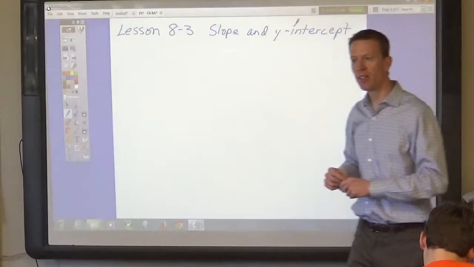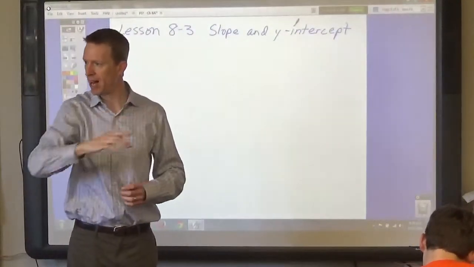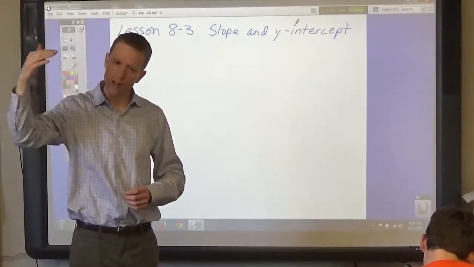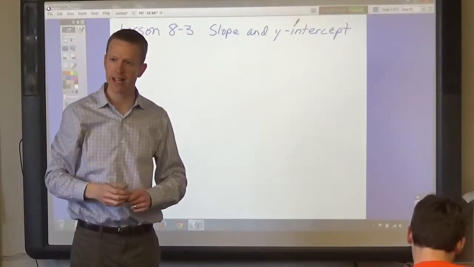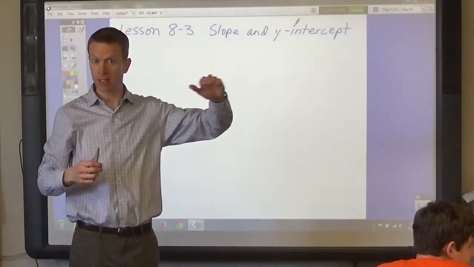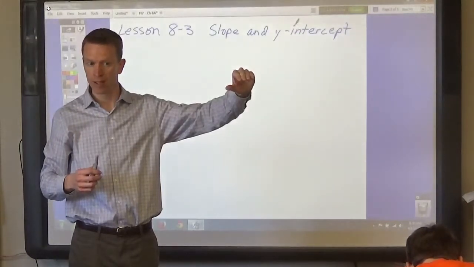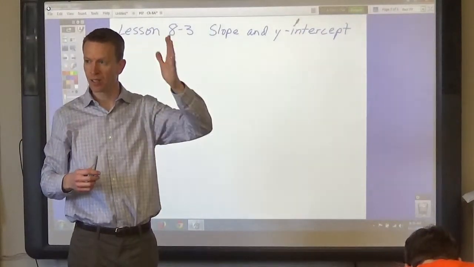We talked about it a little bit last lesson, where whether it goes up and to the right, which is a positive slope, or whether it goes down to the right, a negative slope, or if it is flat, it's a horizontal line, which is a 0 slope. How else could a line go?